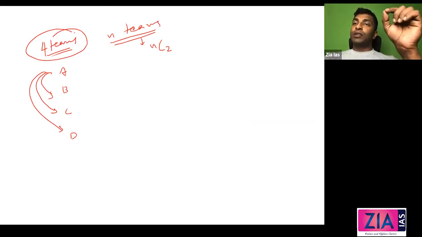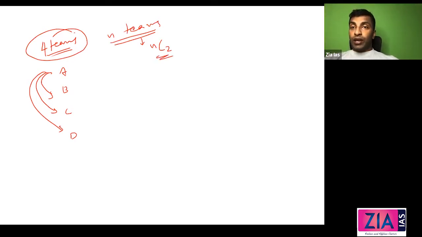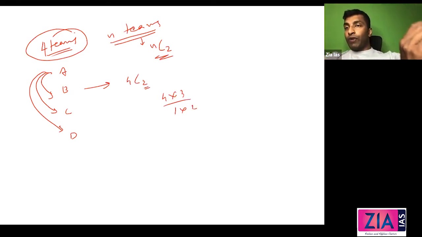So for a match, 2 teams are required. How many such selections are there? NC2 selections are there. So here, what is that? 4C2. How will you write 4C2? 4 into 3 divided by 1 into 2. 4 into 3 means you take 2 terms from 4, and then 1 into 2. What is the number of matches played? 6 matches played in total.